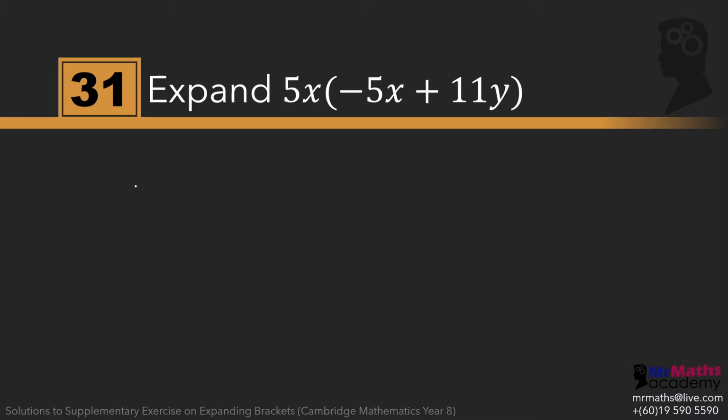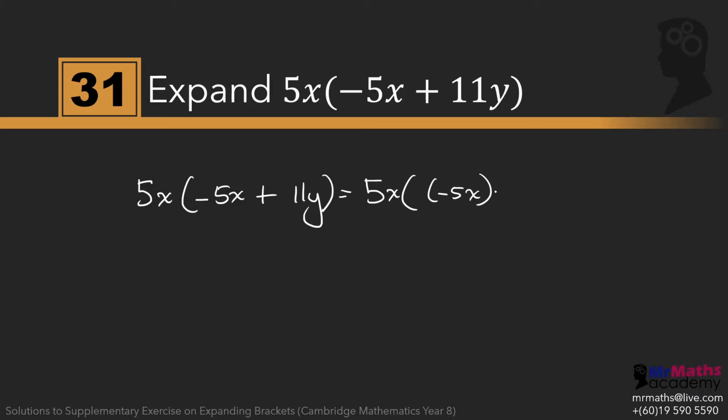Number 31. 5x minus 5x plus 11y. Taking an extra step to include minus 5 inside its own bracket. Plus 11y.